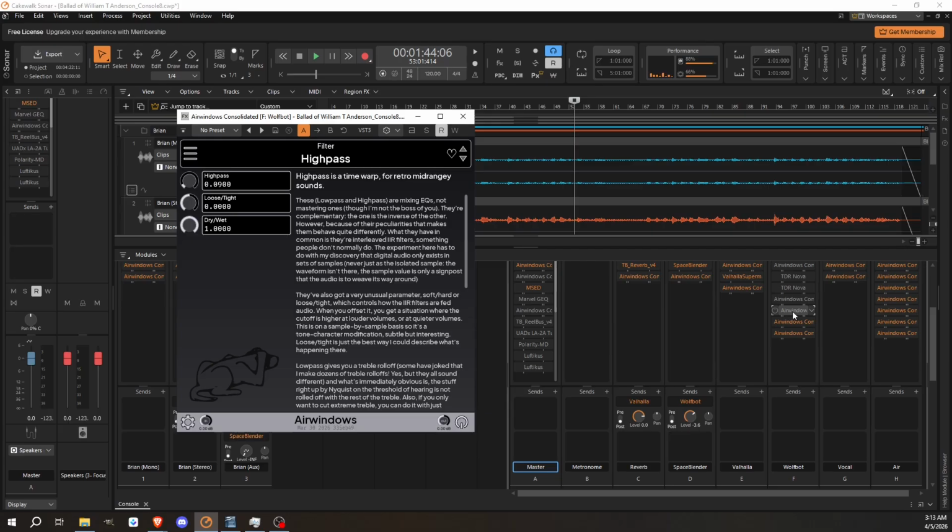I dialed these settings in by ear so that the Airwindows bandpass would most closely approximate TDR's more clinical bandpass at the range of 80 to 200 hertz. In Nova, with the shelf or with the curve, the slope being at 12 dB per octave.